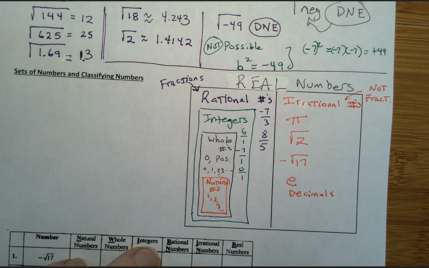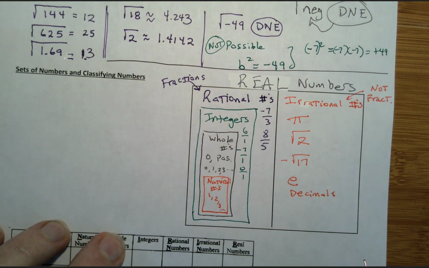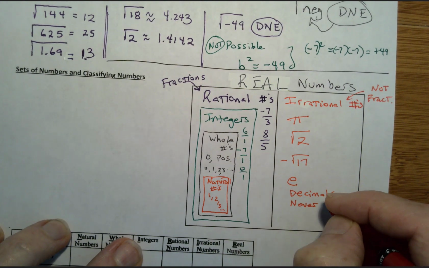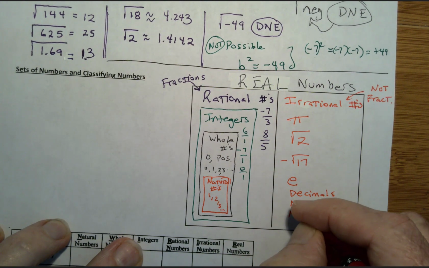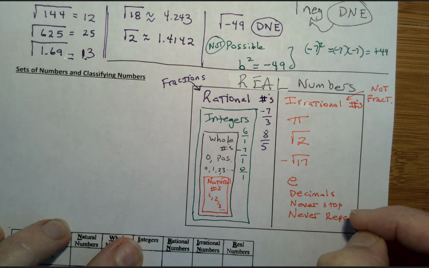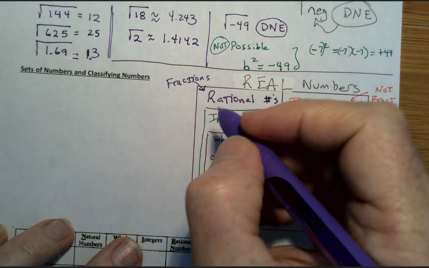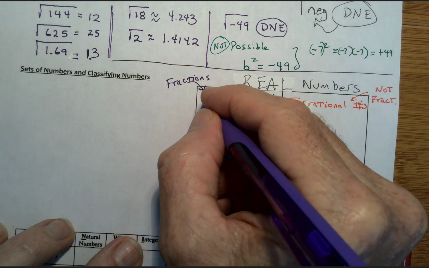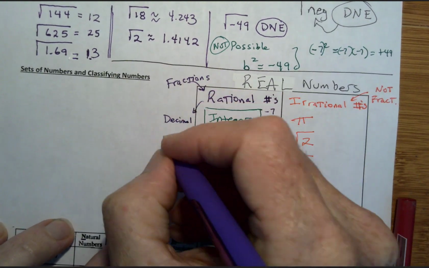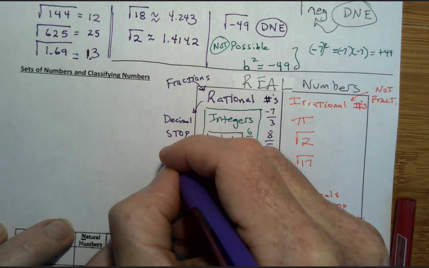Because I'm going to give you a number and I want you to tell me, is it rational or irrational? And if it's a decimal, here's how you know. For irrational numbers, the decimals never stop and never repeat. If it's a rational number, the decimal will always stop or repeat.